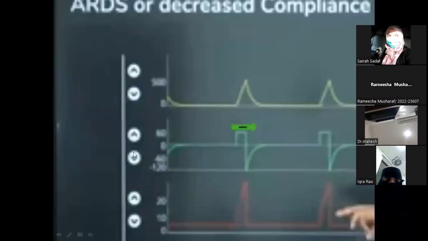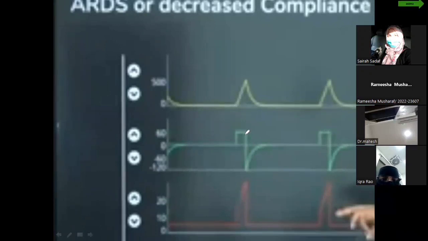The next. Now, this is what happens when there is a problem with the compliance. In this, the lungs are stiffened. As you know, in problems where compliance is the issue, either the lung is stiffened, or they don't have enough space. So what happens?